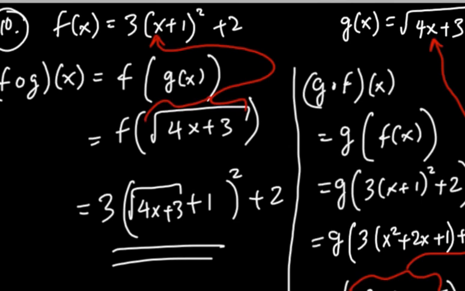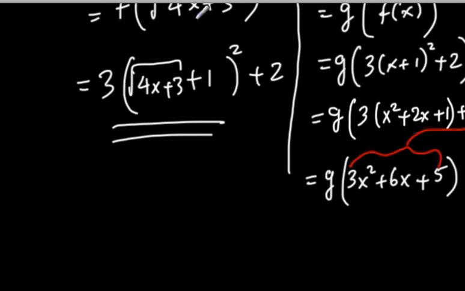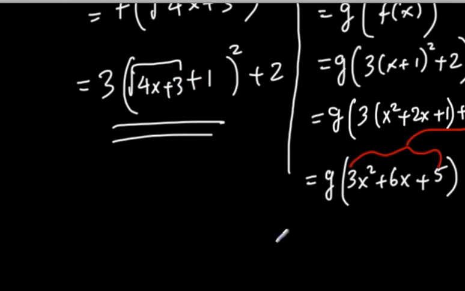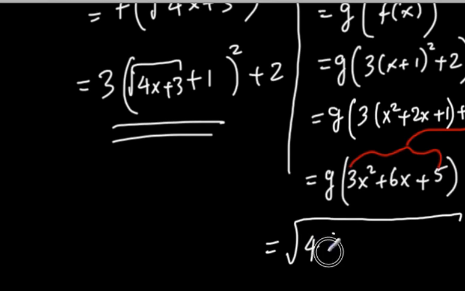So it's going to end up being the square root. Is it 4x plus 3? Yes, it is 4x plus 3. So it's 4 times something plus 3, and that something just happens to be the argument. So it's 3x squared plus 6x plus 5.